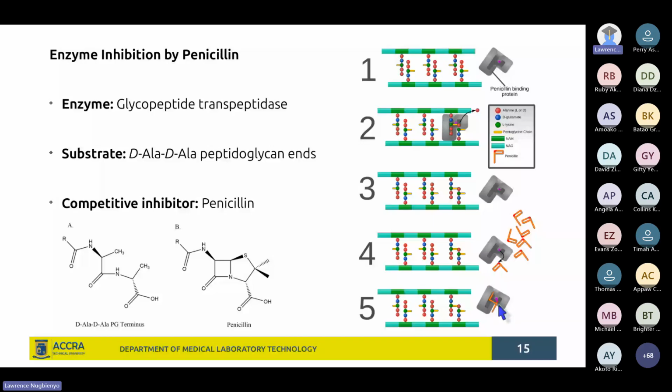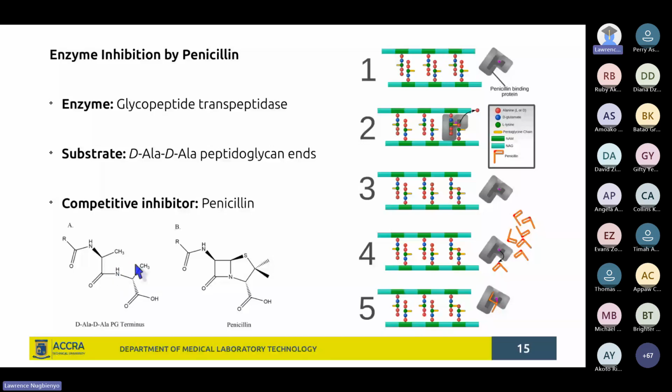And so if you look at the structure of penicillin, this is a penicillin structure. And if you look at the structure of these peptides that are having the cross linkages between them, it looks much like it, except that you see that this portion is opened.